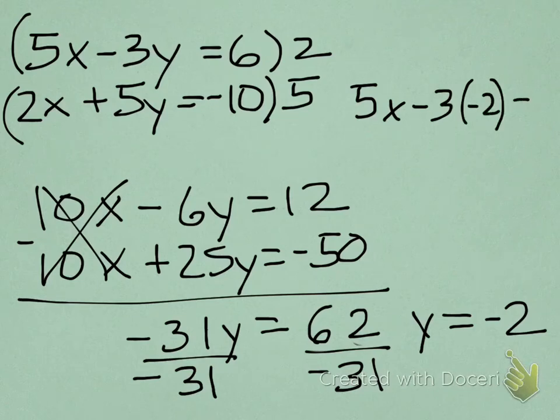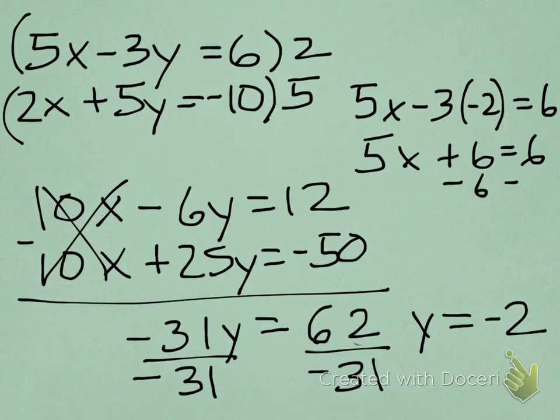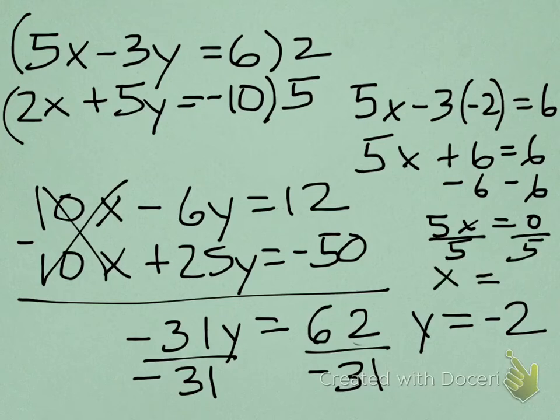So I'll choose the top one. And 0 divided by anything is going to be 0, so x would be 0. So my answer would be 0, -2.